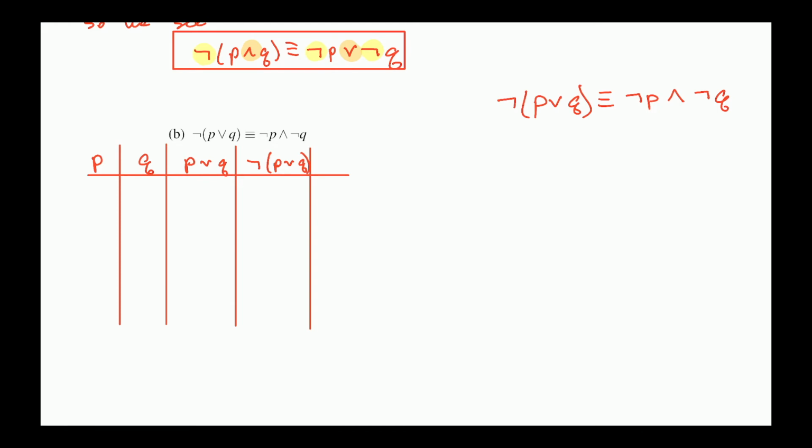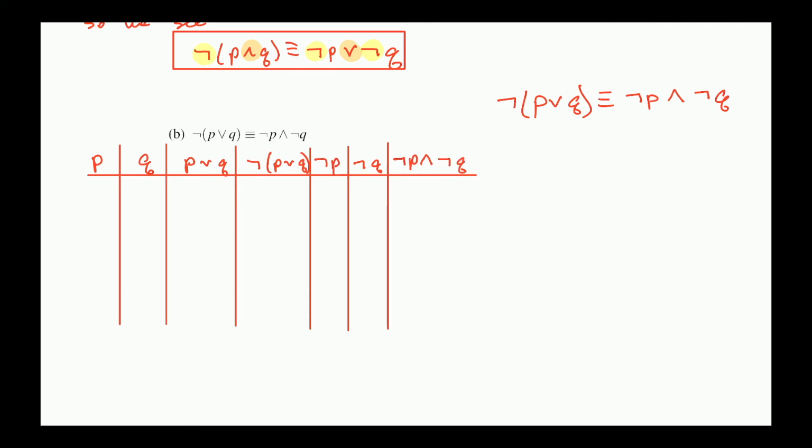Then we're going to need not P, not Q, and then finally, not P and not Q.